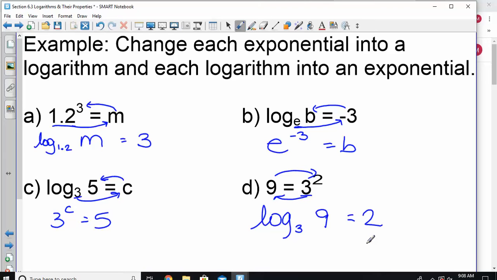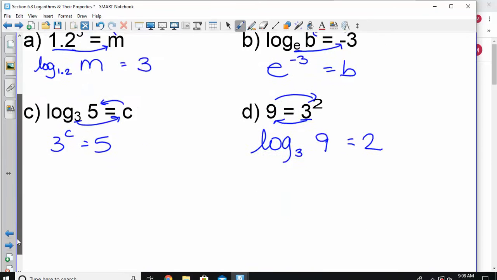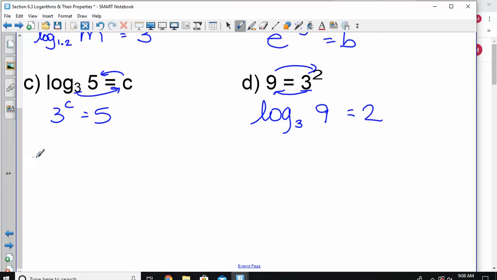Are there any questions about going back and forth between these notations? Yes. So if I said 32 equals 2 to the 5th, it would be log.